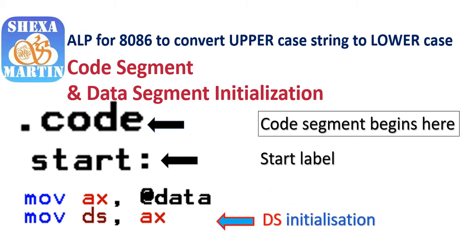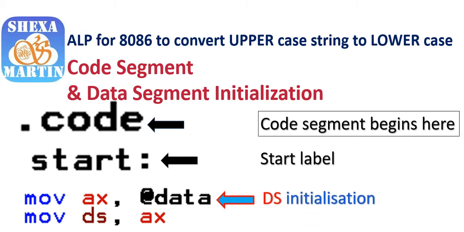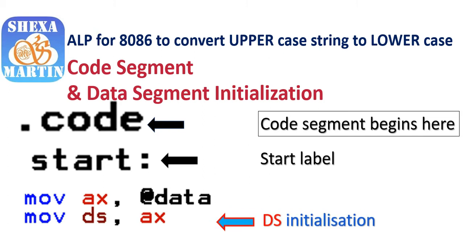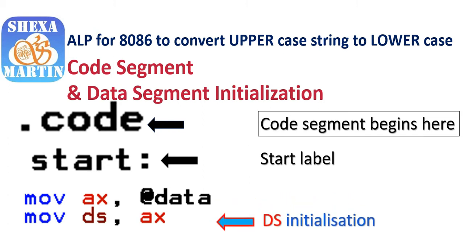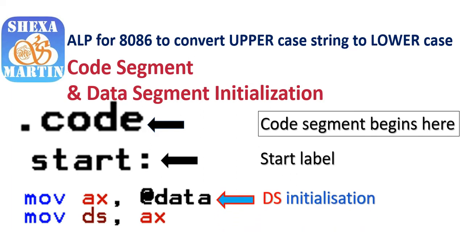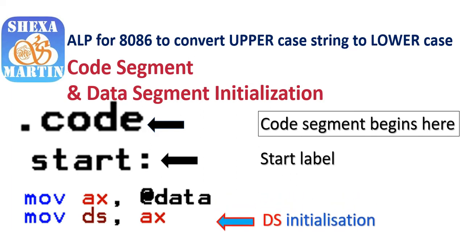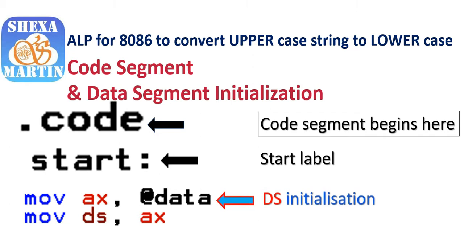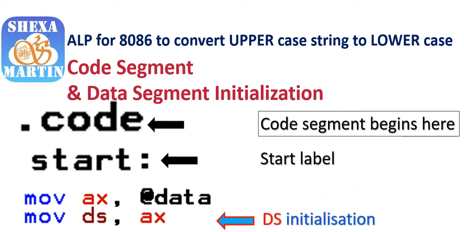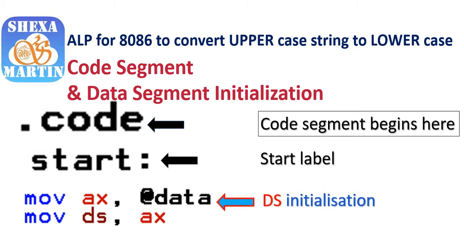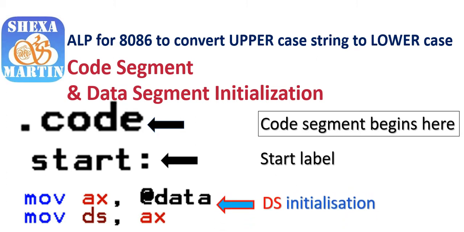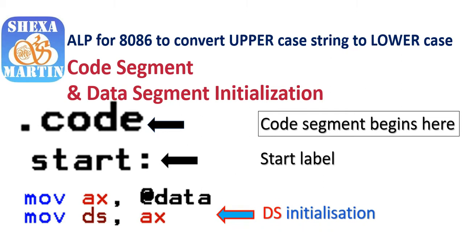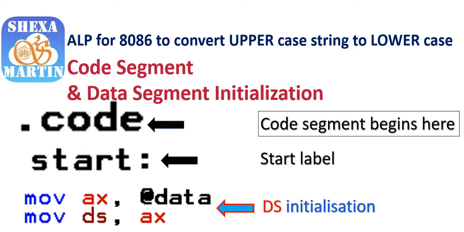I am sure that some of you are typing this code. We say move AX, at data. What we move to AX is everything that is in the data segment. The data is the source, and AX is acting as the destination.